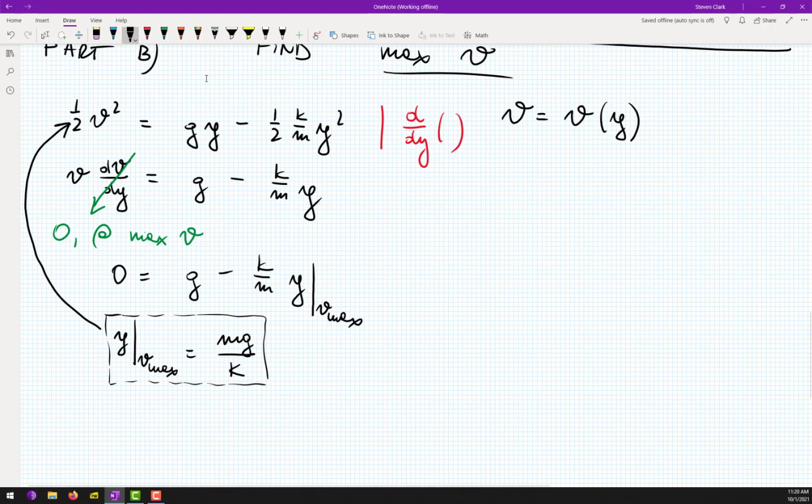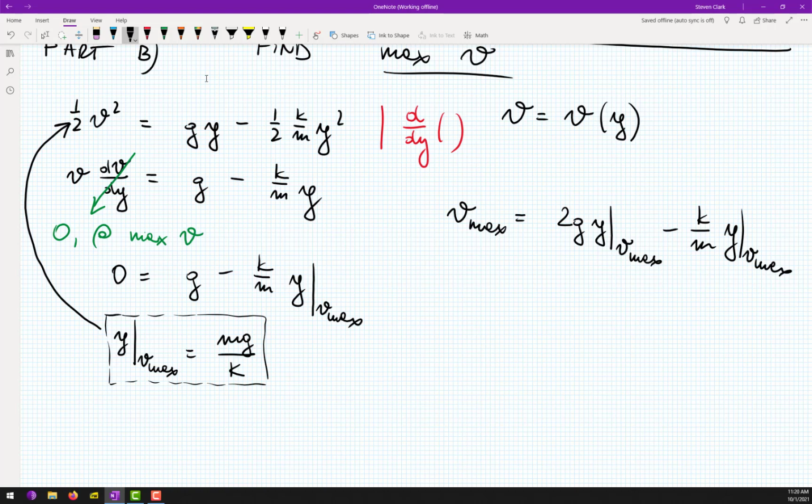So V max will be a square root of 2gy minus k m y squared, at V max.